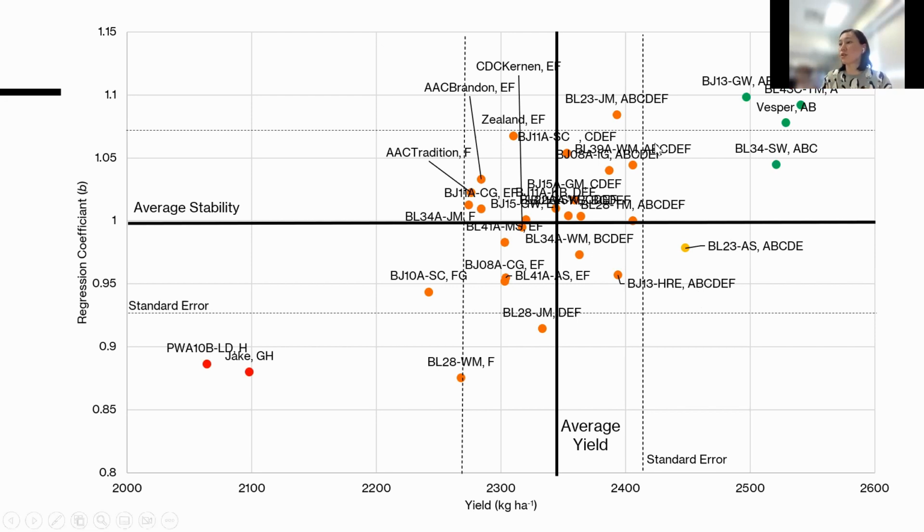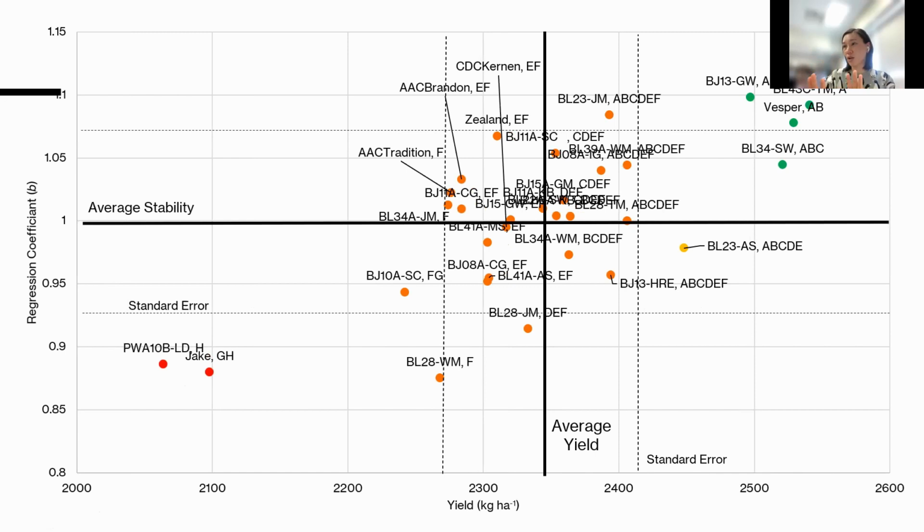You can see there's quite a gradient between the different lines across these different environments. And this kind of curve where you have low yield, low stability, high yield, or low yield, high stability, high yield, low stability is pretty normal. This is often what you see across genotypes in many different breeding programs.